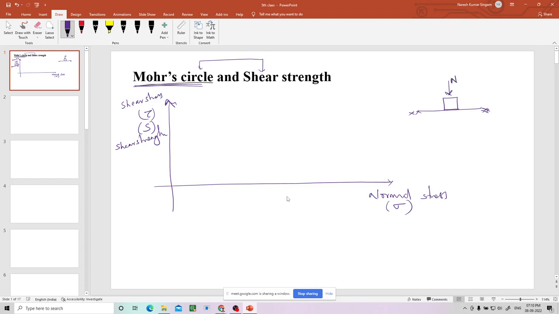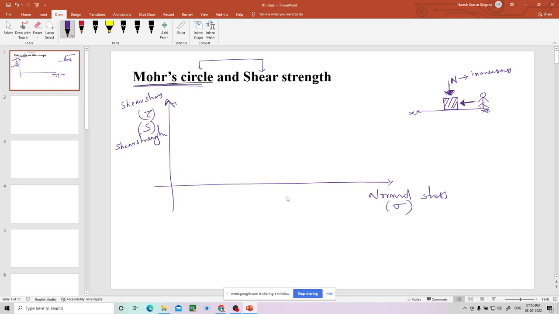Now you want to push in this direction. When there is a normal load present on this block, you are pushing in this direction. There is a man who is applying the force. If the normal load is increasing, that means you are pressing the block in the vertical direction.